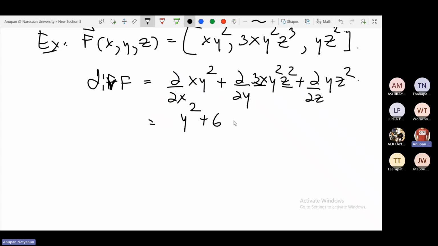So you have 6x y z squared. Okay. Plus the partial derivative with respect to z. So there's a constant. The derivative of this is 2z. Okay. Then you are done. Okay.